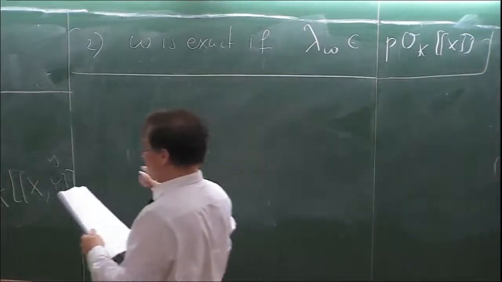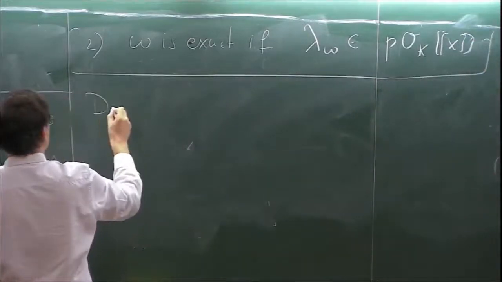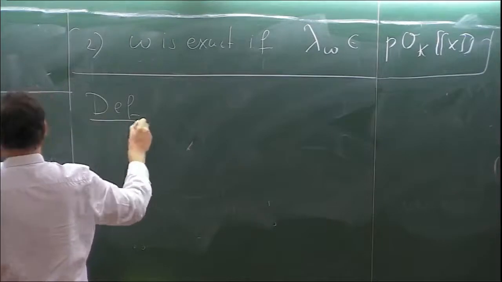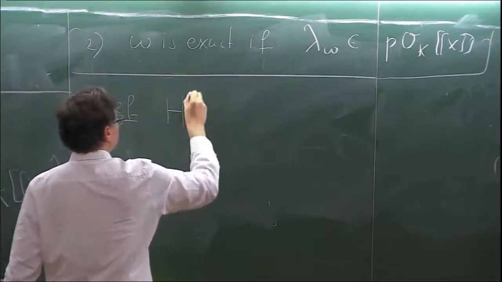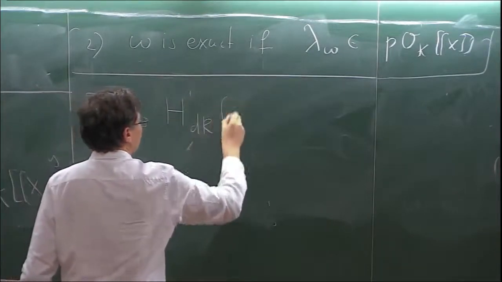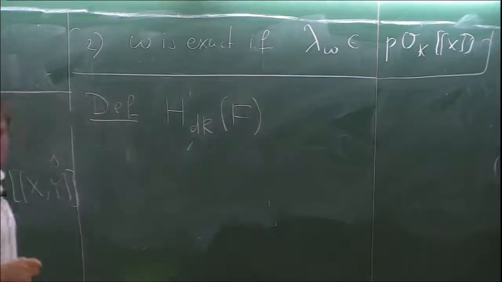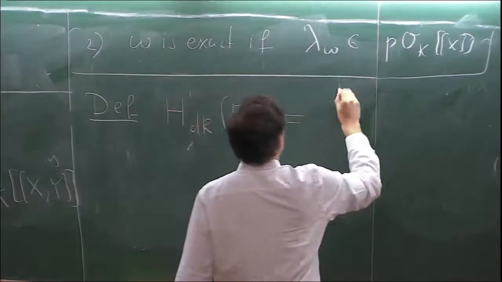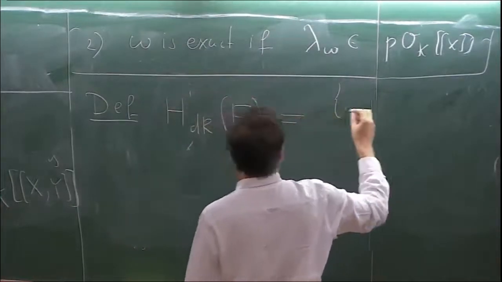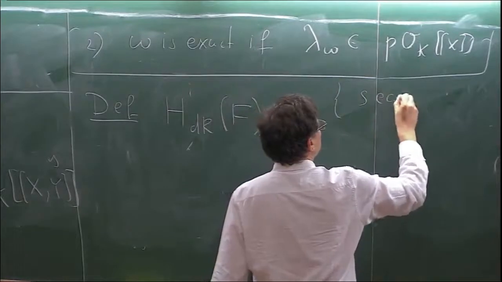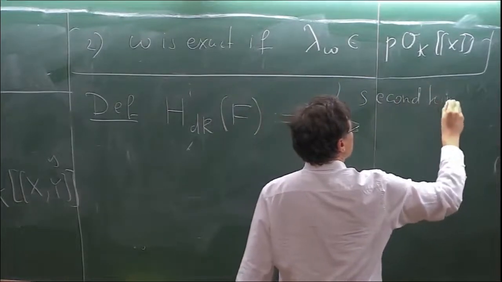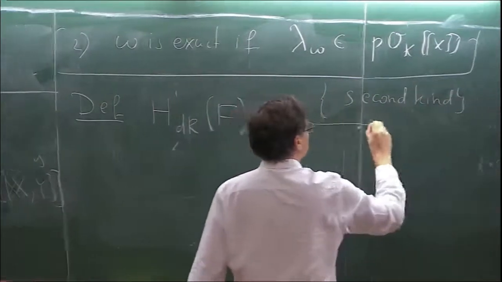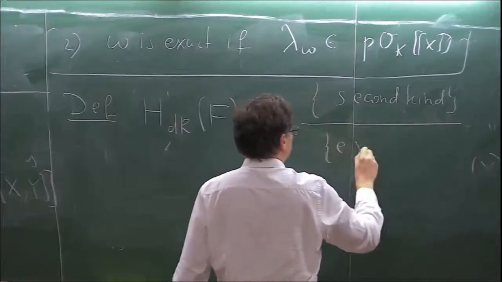Now we consider the following object, which for us will be a generalization of the de Rham cohomology in the context of formal groups. We take the quotient of forms of the second kind by exact forms.